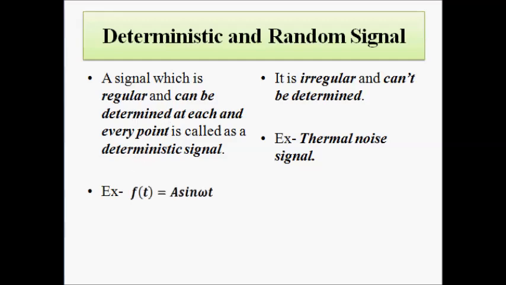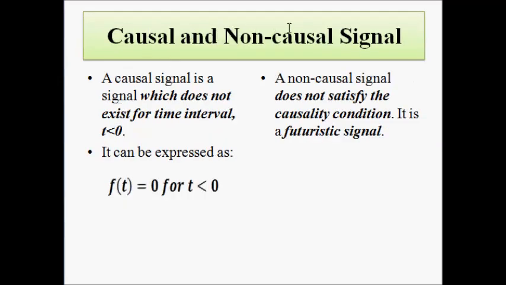Okay, then we have causal and non-causal signals. A causal signal is one which does not exist for negative time intervals, that is for time t less than 0. So it can be expressed as f(t) is equal to 0 for t less than 0, all the negative time intervals.